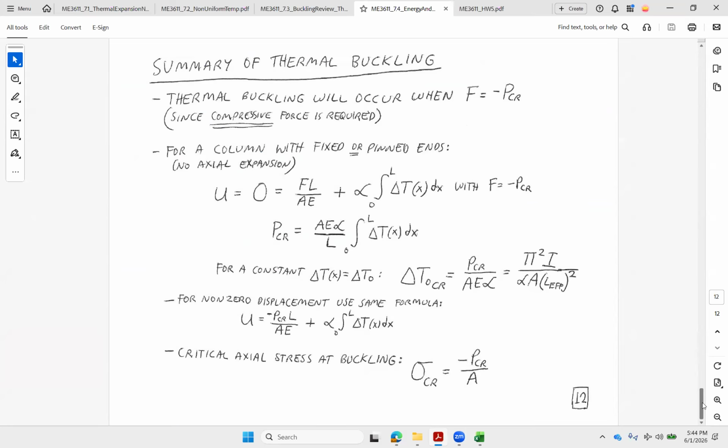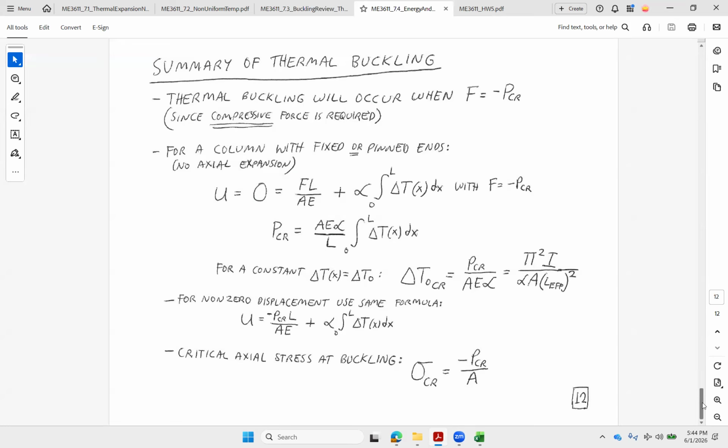We plug it in right here. And if we have a case where there's no axial movement allowed, then we could set U equal to 0 in our mechanical plus thermal and solve for P critical. Okay. This formula is also just as good if we have a non-zero displacement. Still going to be minus P critical for force, L over AE and alpha delta T, or constant alpha delta T L.